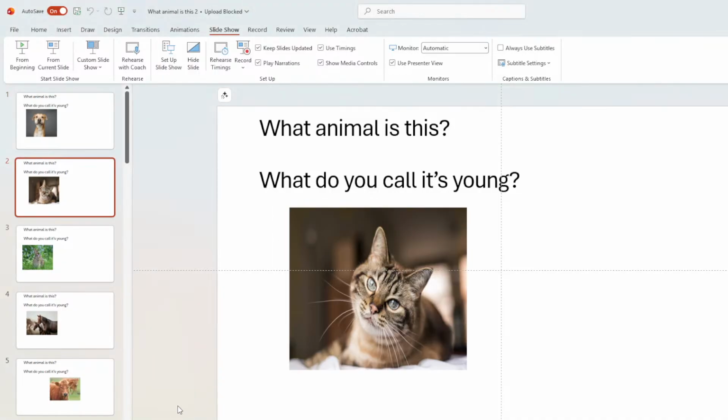What do you call that animal that you see on your screen? Type in your answers.